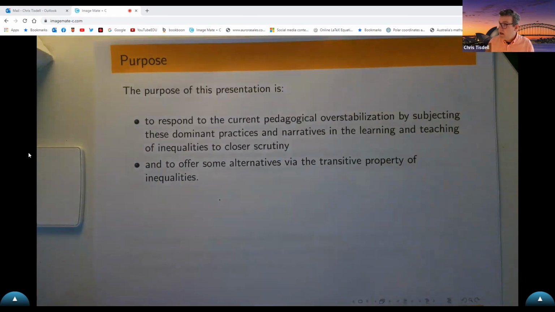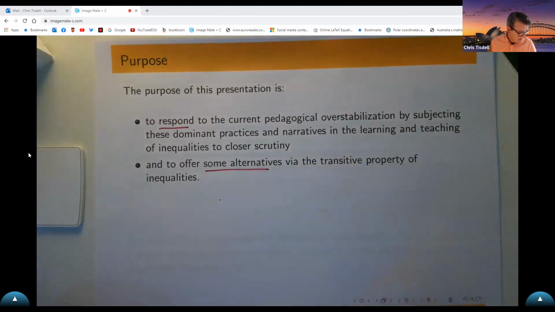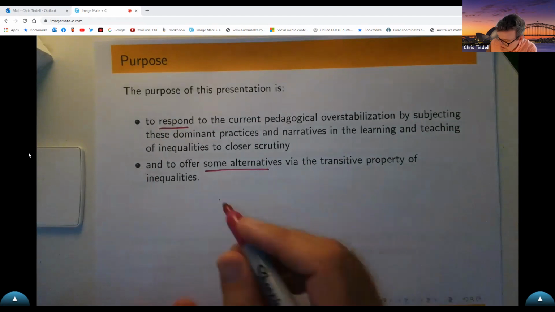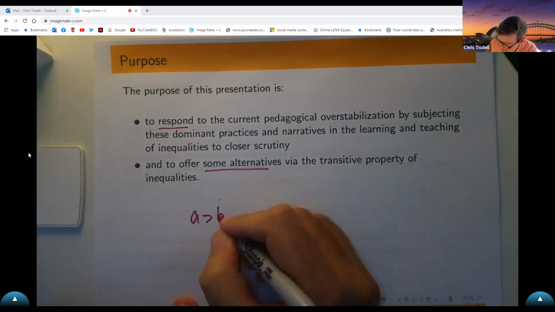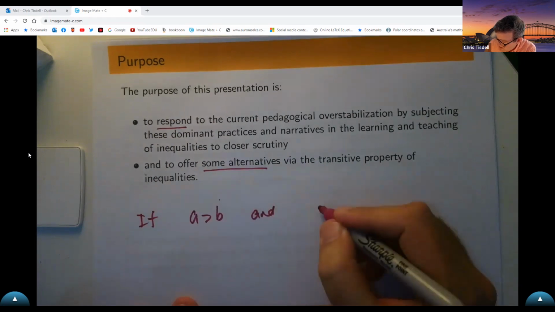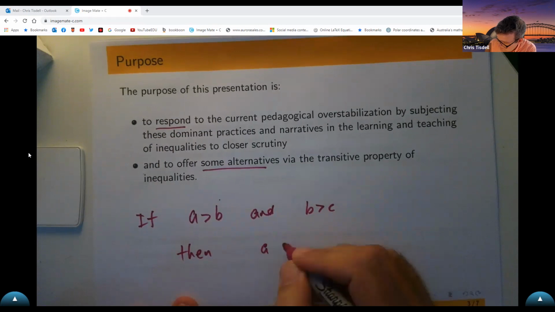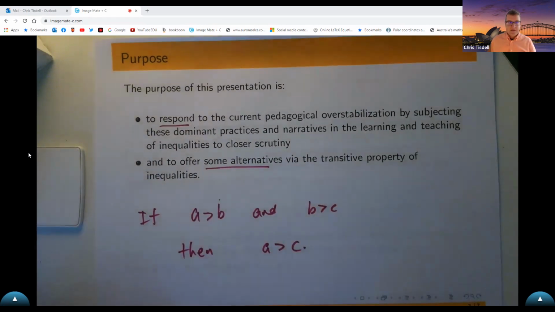All right, so I'm going to respond and offer some alternatives, okay? And in particular, when it comes down to inequalities, you probably know this idea here. Okay, the transitive property of inequalities.